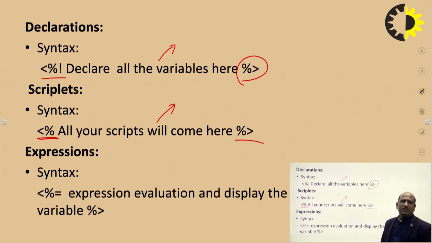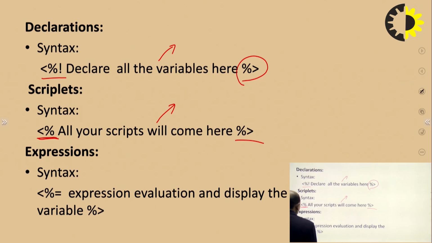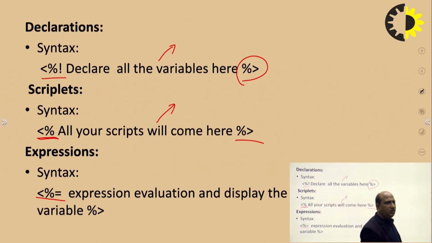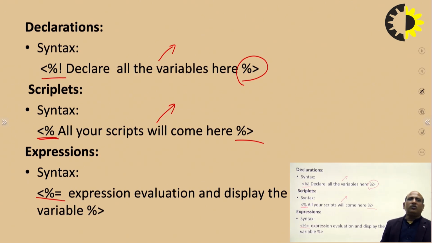The next tag is the expression tag. The expression tag starts with angle bracket, percentage, equals sign, and whatever expression you write here is evaluated, and the result is automatically displayed to the client side, to the browser.